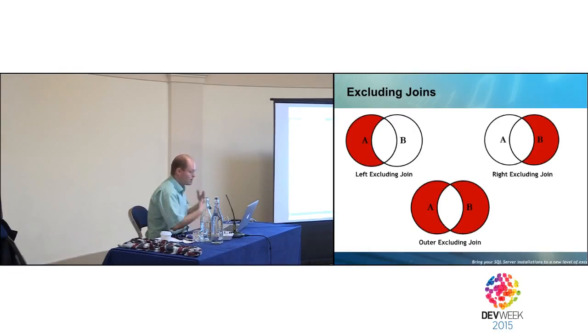You can also make excluding joins. In that case, we are just interested in the null extended rows from the right table. A so-called left excluding join.